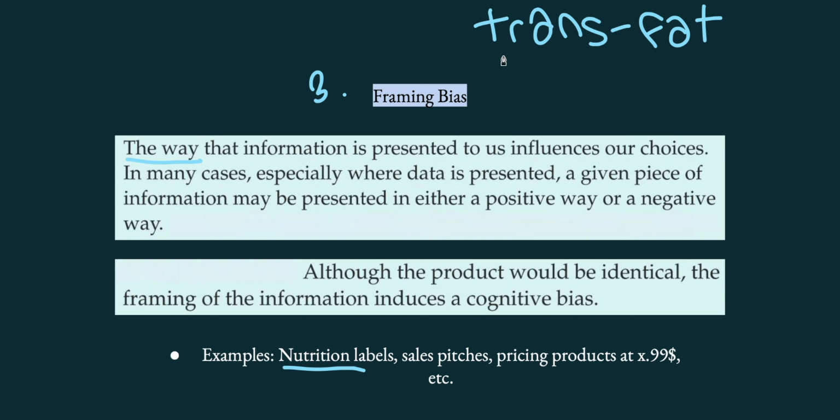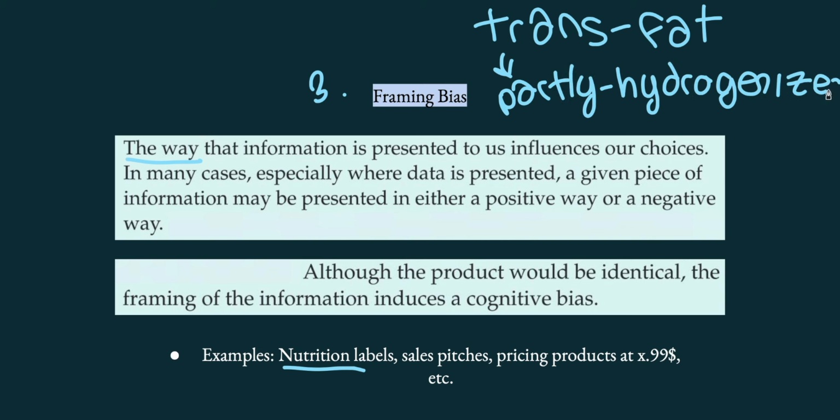So if you're aware, I learned this in bio, but if you ever see the phrase partly hydrogenated, it's just another way that it's being marketed to not explicitly say that there's trans fat in something, okay? So that's actually really interesting because if you see a donut that says trans fat, you're more likely to think, not for me.